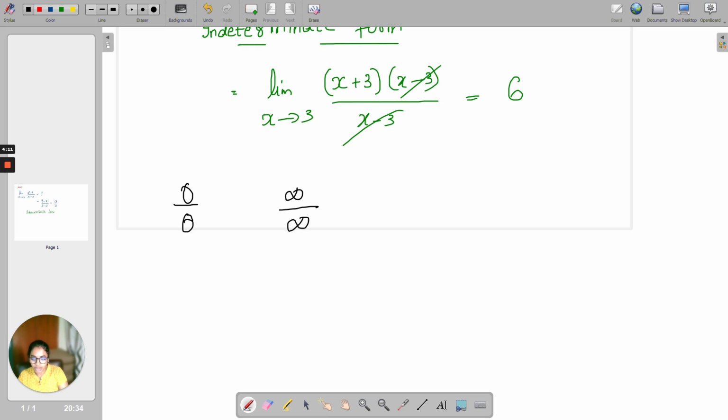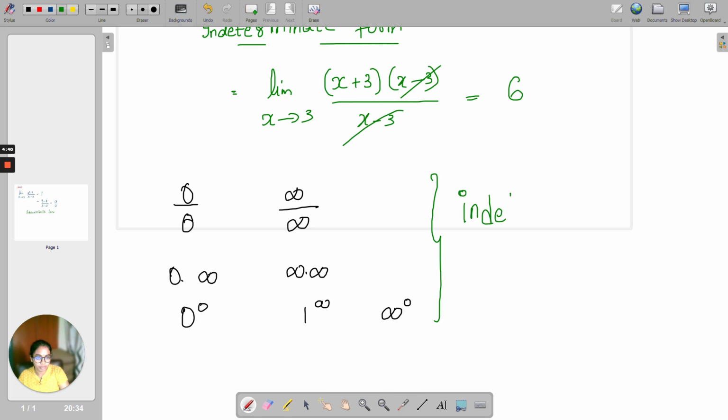Other indeterminate forms are 0 into infinity, infinity minus infinity, 0 to the power 0, 1 power infinity, and infinity to the power 0. All these terms in mathematics are undefined and they are called indeterminate forms.